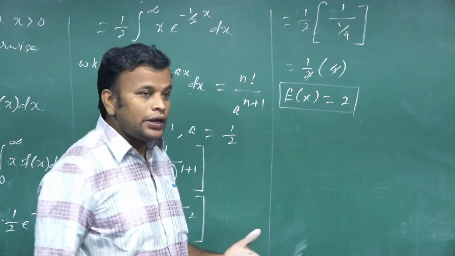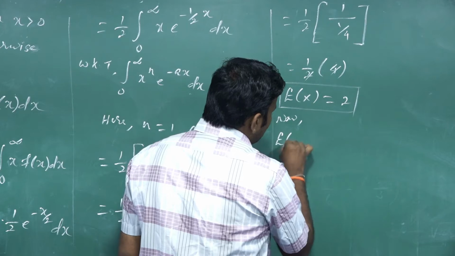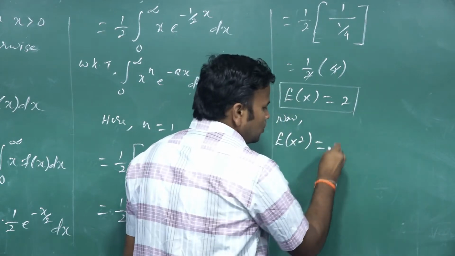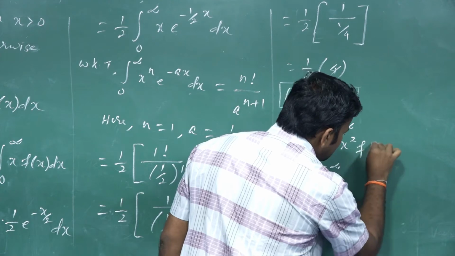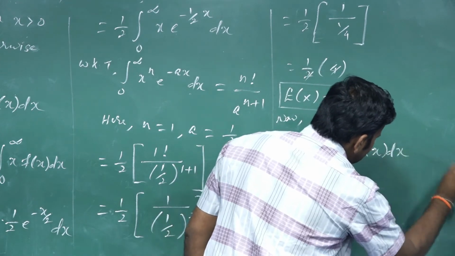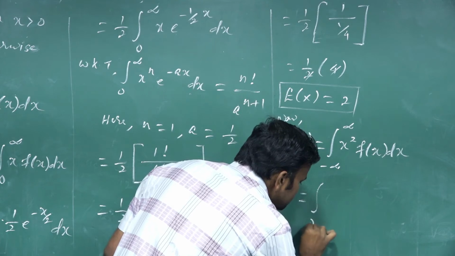Next, to find the variance. If you need a variance, first of all find E of x square. The formula is the integral from minus infinity to plus infinity of x square into f of x dx. We already found the limits.